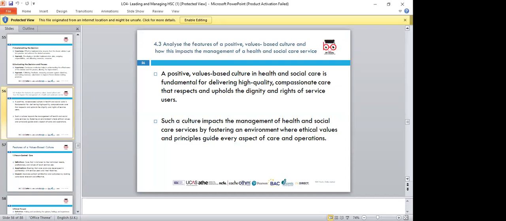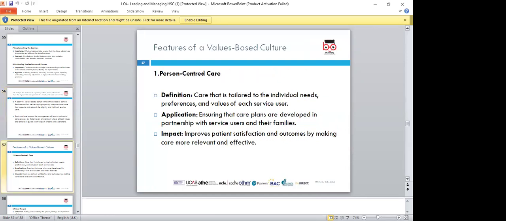So you need a positive value-based culture, a positive attitude. That connects with compassionate care that respects and upholds the rights of service users. Such culture impacts health and social care services by fostering an environment where ethical values and principles are adhered to. And we all know person-centered care, where it is more about the care of the person, to allow the person to be more independent rather than what you, the carer, think you want to do.